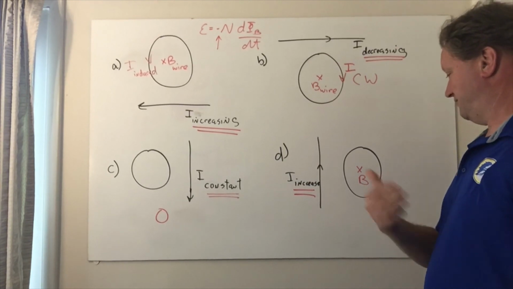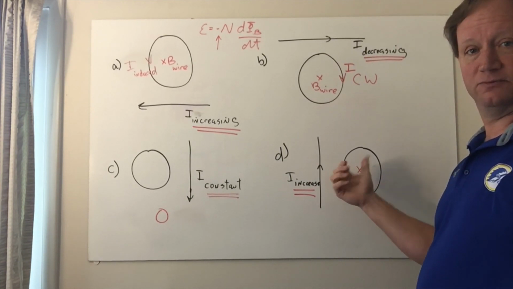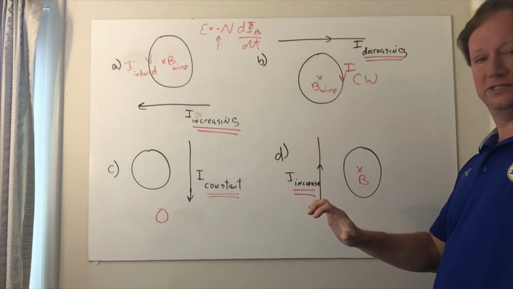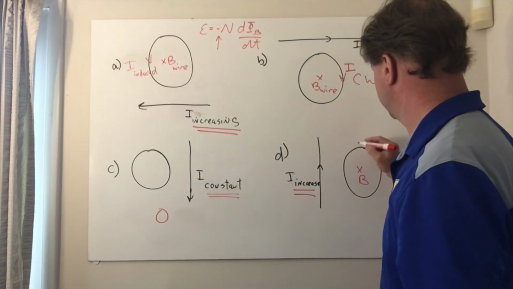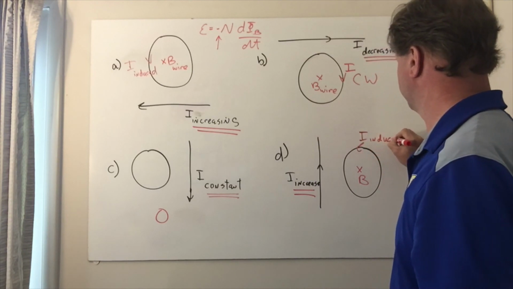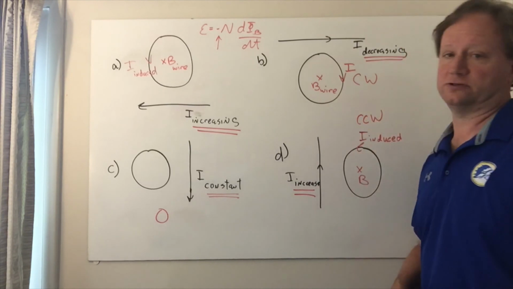So the field caused by the wire is into. We don't want to support that. We want to oppose that. So I flip my thumb out and my fingers will wrap to give a current around in this direction. So that induced current will be counterclockwise.